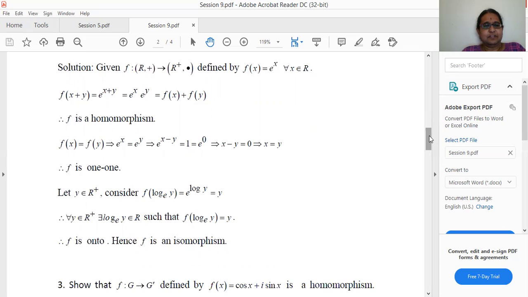Therefore, for all y belonging to R plus, that is the codomain, there exists its pre-image, that is log y to base e, which belongs to R, such that f of log y to base e is equal to y. Therefore, f is on to, hence f is an isomorphism. So in this problem, we have shown f is a homomorphism, f is 1 to 1 and on to, hence the mapping defined by f of x is equal to e power x is an isomorphism.